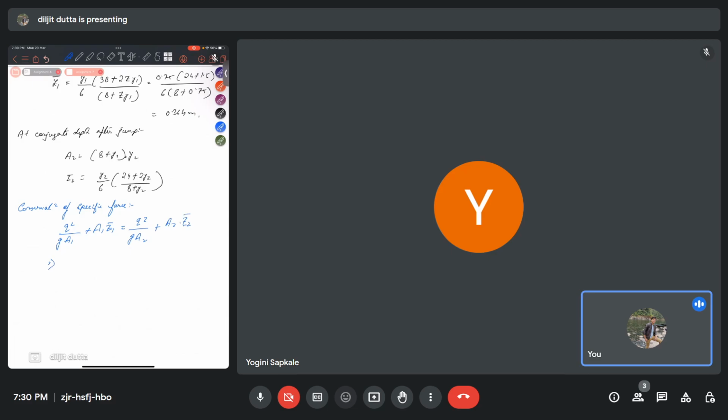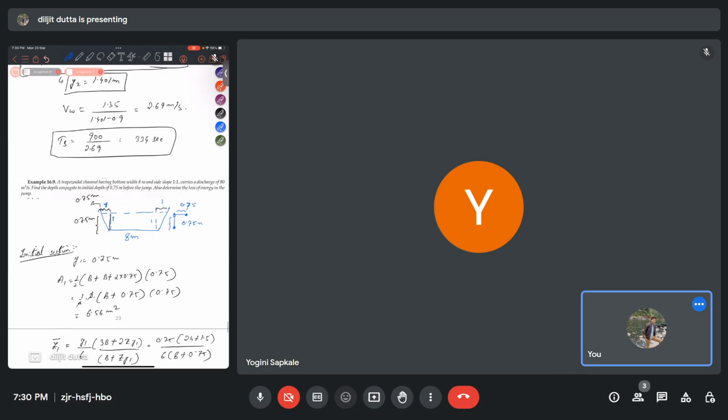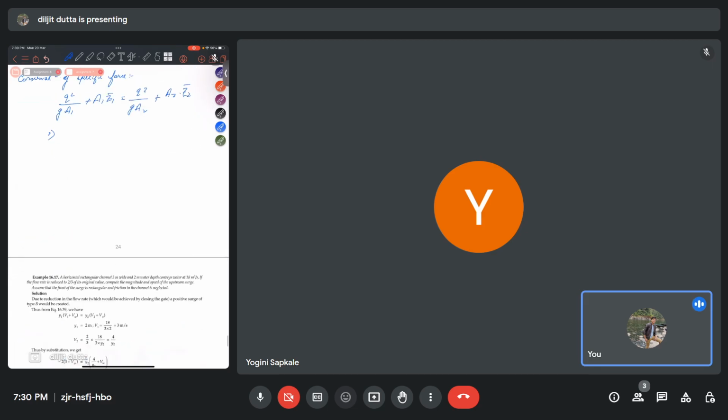So we have Q is given, I think, discharge of 80 meter cube per second. So let us substitute the values. 80 squared by 9.81, A1 is given as 6.56 we obtained, plus 6.56 into 0.36 we obtained for z1.